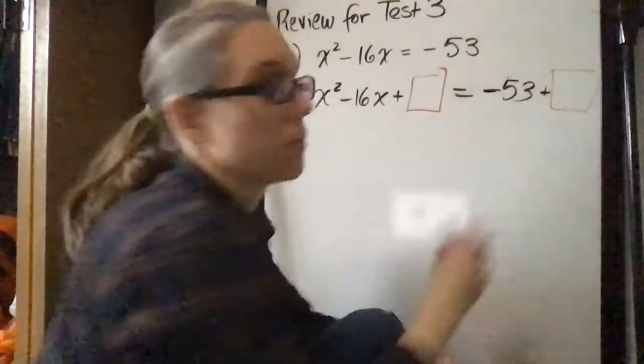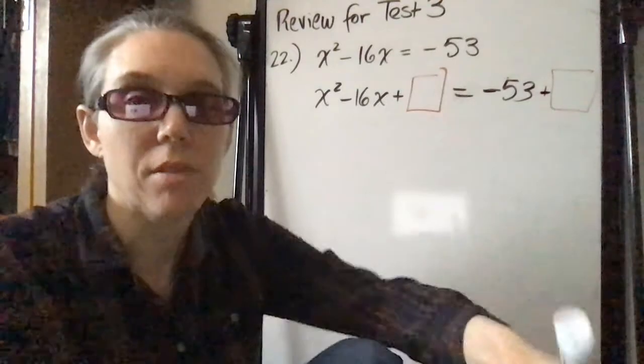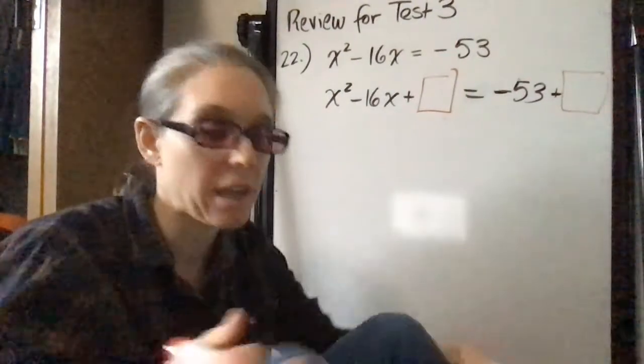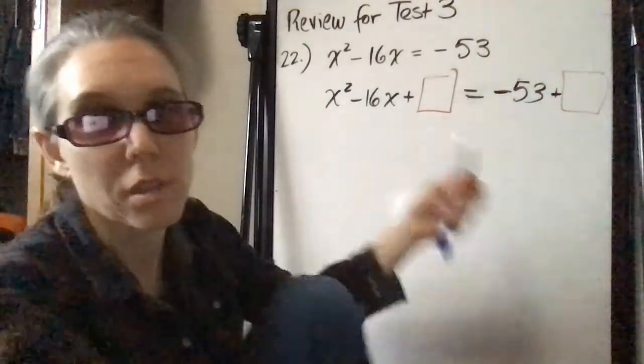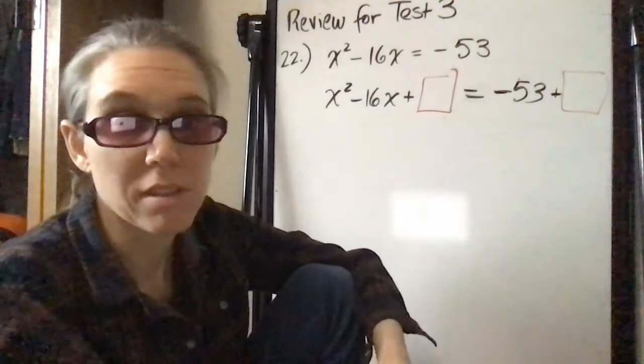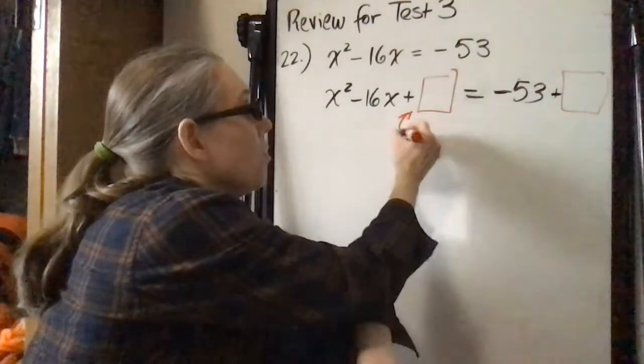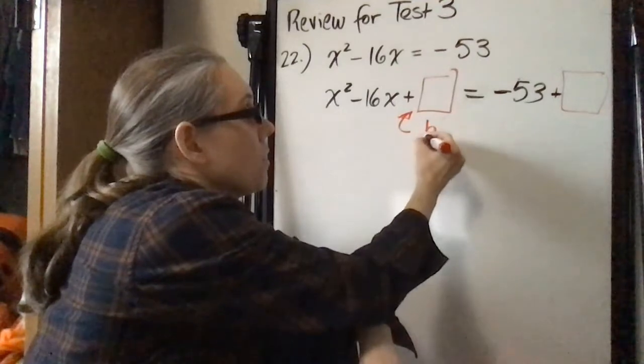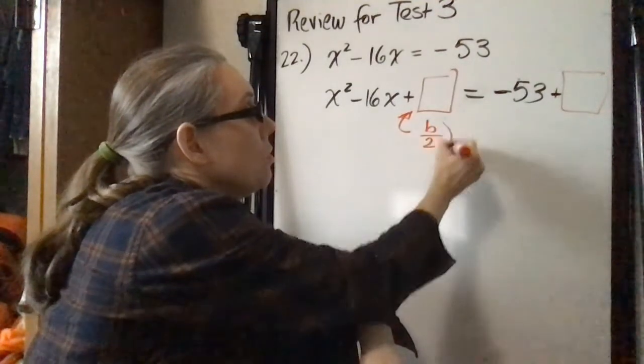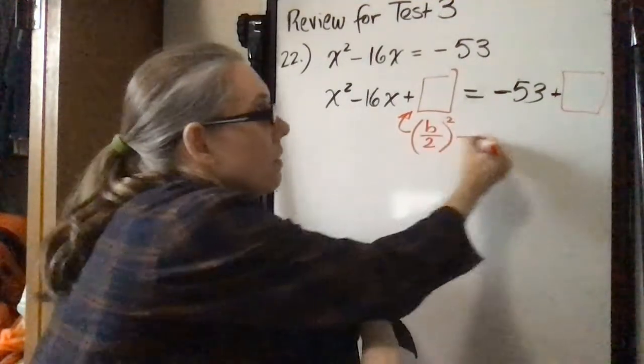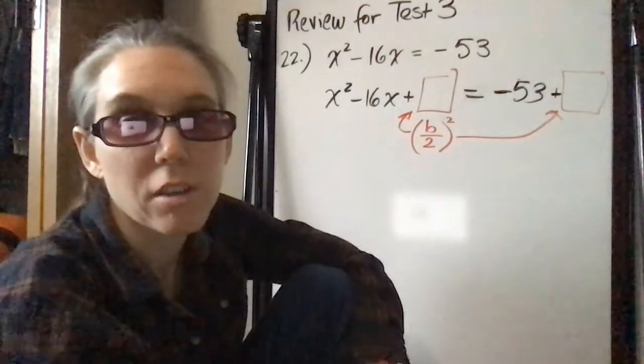What we're doing in this first step is adding the same value to both sides that is going to create a perfect square for the left-hand side. You're going to take b, divide b by 2, and square it. So you add that same value to both sides.